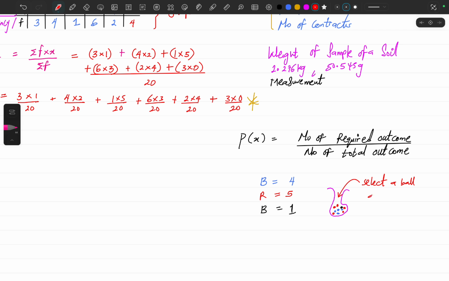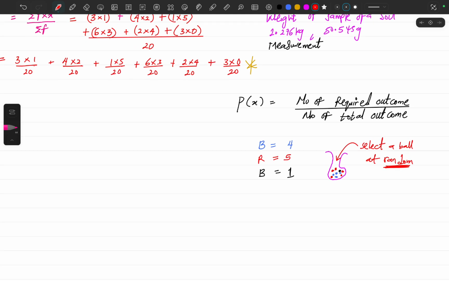In this case, I will say at random. Now, what does the word random mean? It means I'm not carefully selecting it. It's different from it being on a table where I'm weighing it to see, is this blue, is this black. I don't know which is blue. I just dip my hand in it and then I bring out the ball. So I could bring out a blue ball, a black ball, a red ball, and many more.